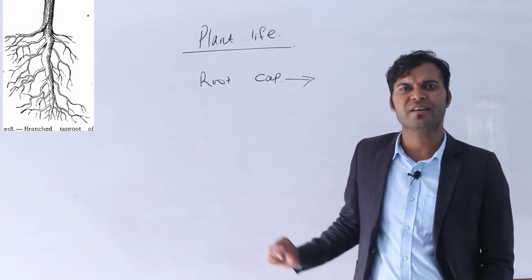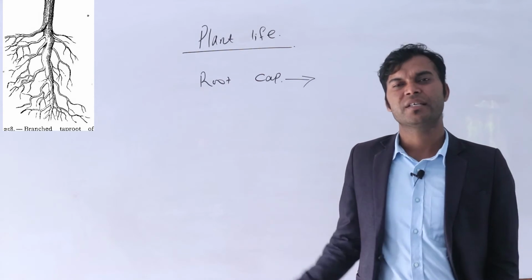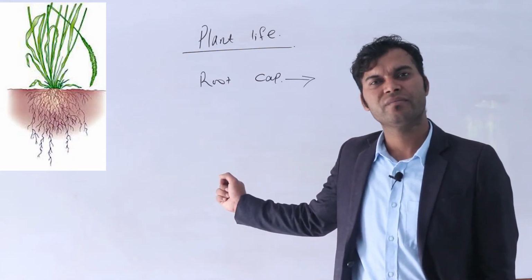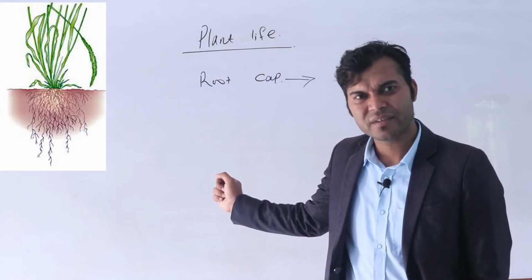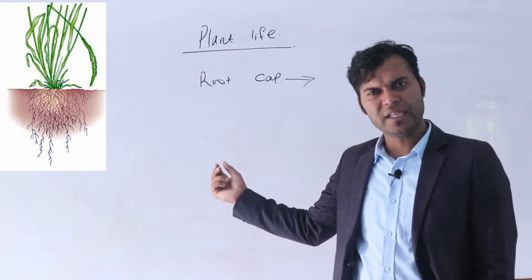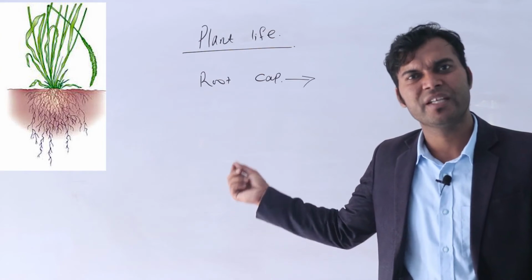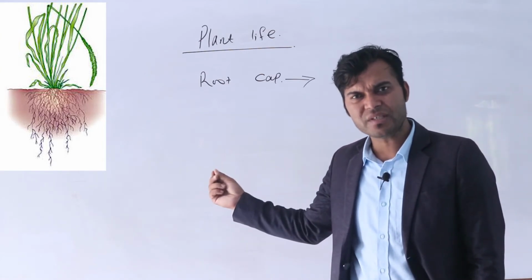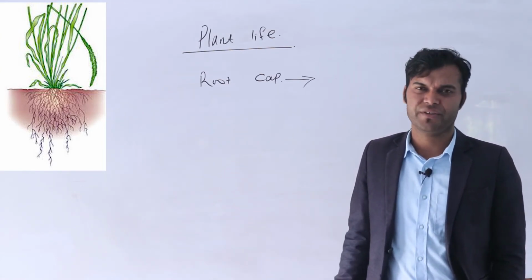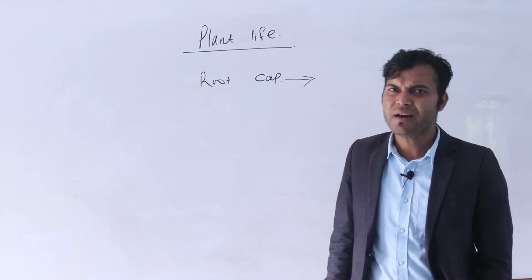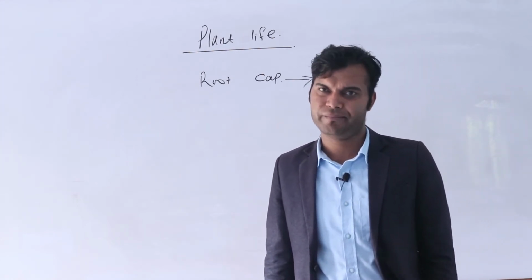The second one is onion plants, where all the roots are developed from a single point. These roots are called fibrous roots. Hope you are clear about the root system, isn't it?